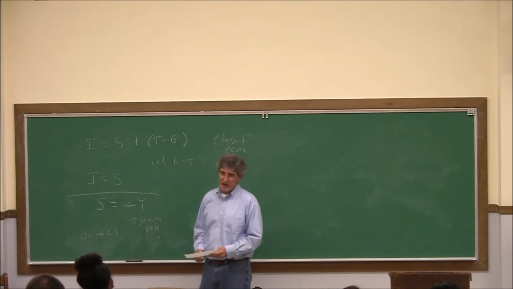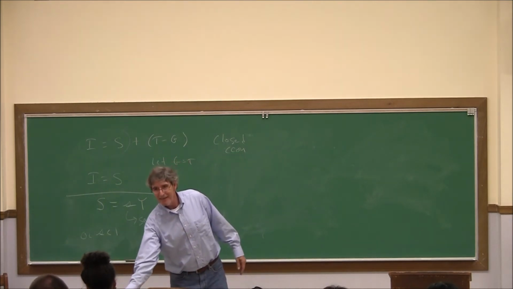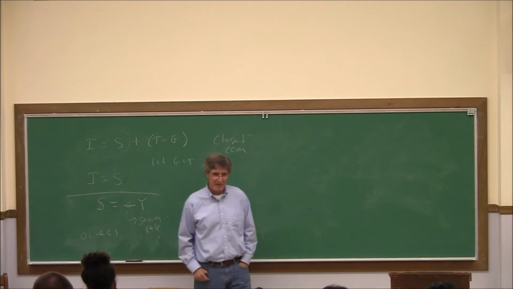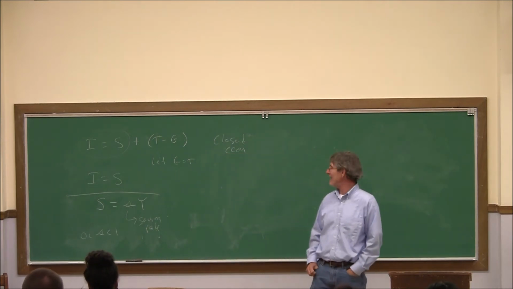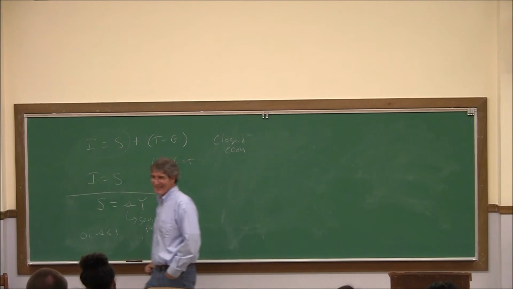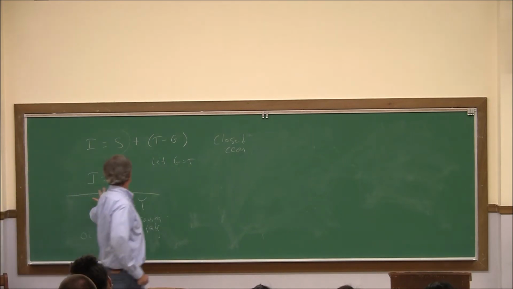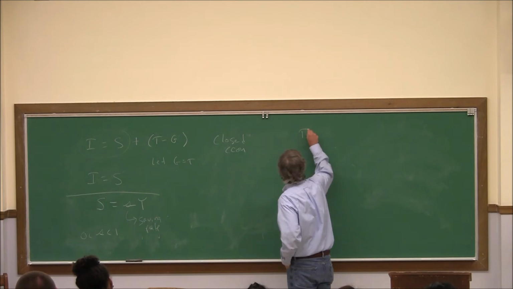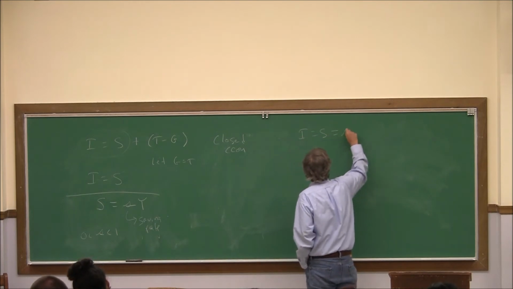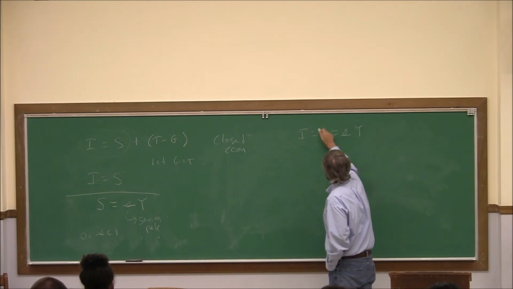If you could borrow from other countries, that might not be true, because you could consume more than your income, never mind. Savings wouldn't be bigger than income even if you borrow, so let's just not even say that. So this, we're just asserting, is savings. So it must be that I equals S equals SY, since these are the same.